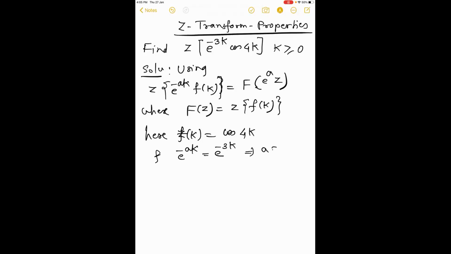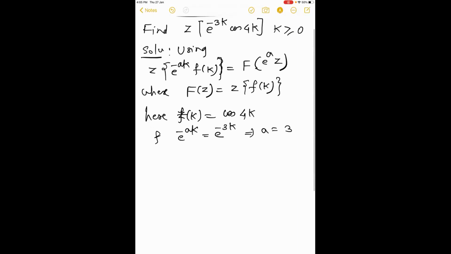Therefore, a is equal to 3. That is understood. Now we are interested in the Z transform of cos of 4k. Who will tell me this answer? We use the answer for cos alpha k.